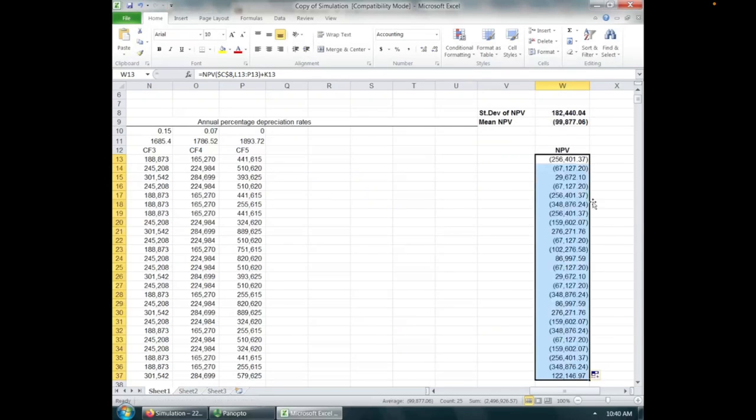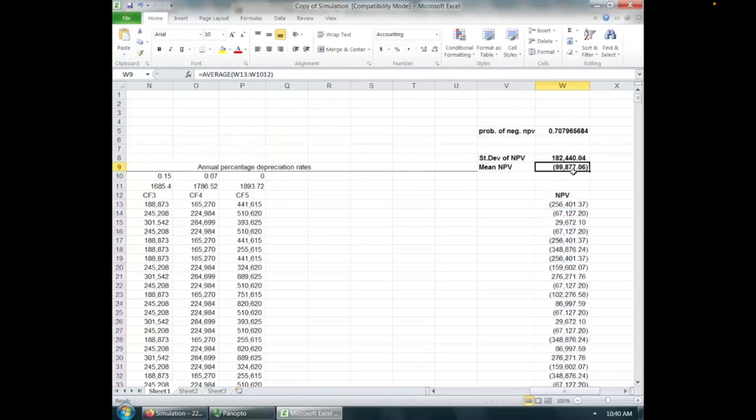So you can drag that down and calculate the NPVs for the remaining iterations. And here it's already all set up. Here it automatically calculates the average NPV. Here it automatically calculates the standard deviation of those NPVs. And here it automatically calculates the probability of getting a negative NPV.